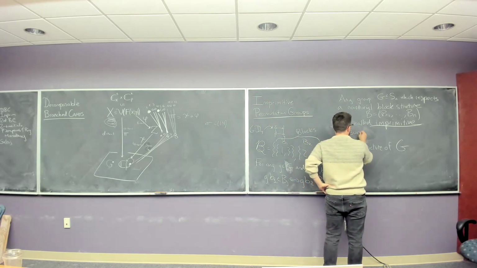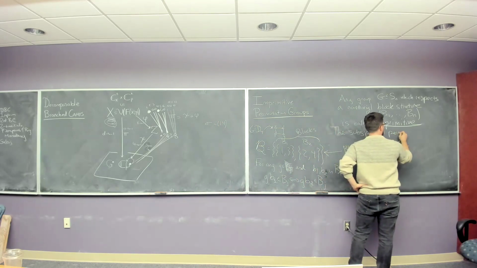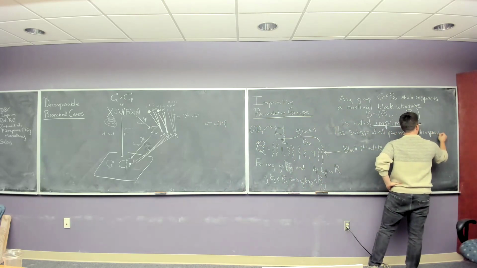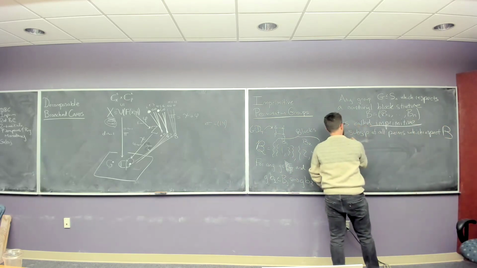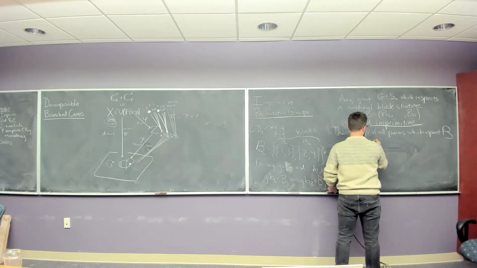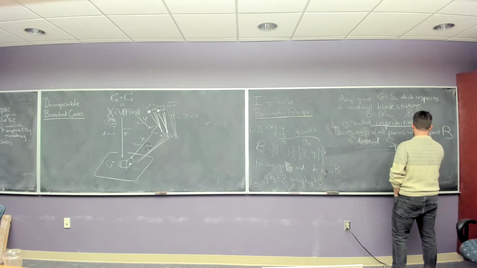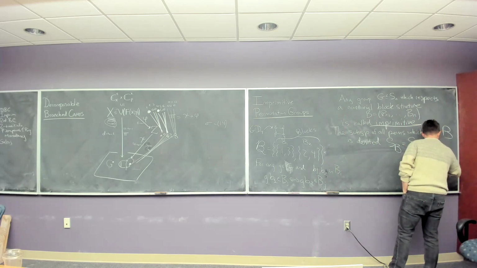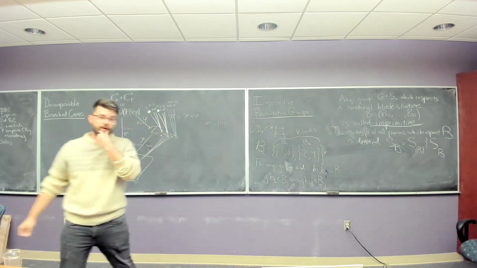The subgroup of all permutations with respect to E will be denoted SB, and it is a wreath product, if you've seen wreath products before.